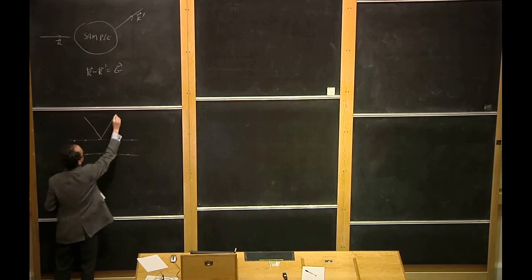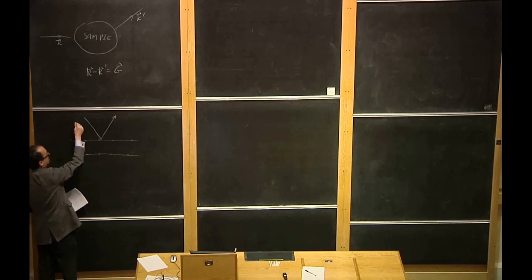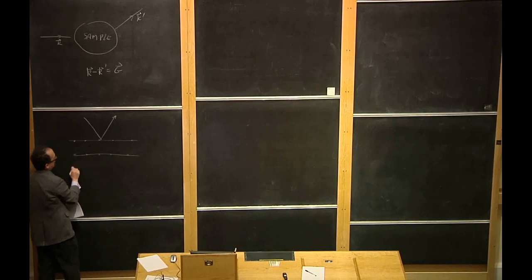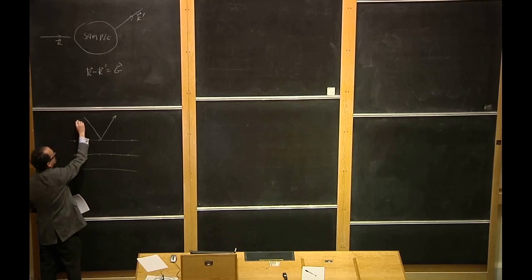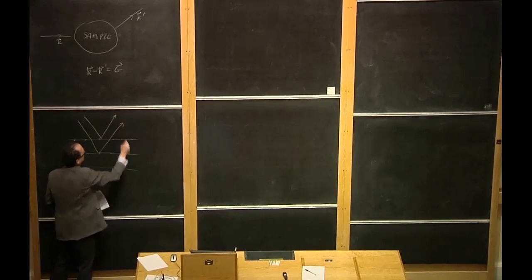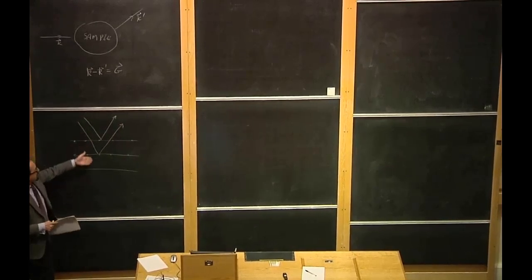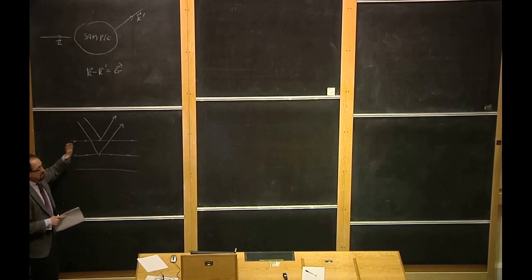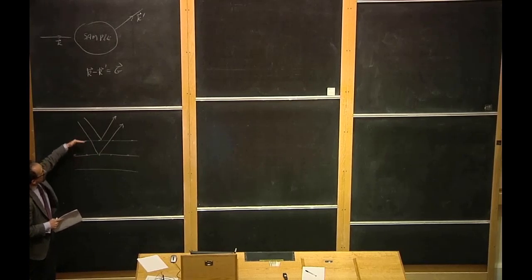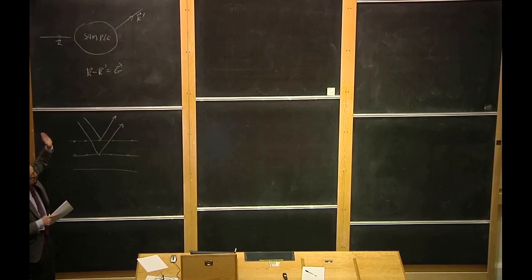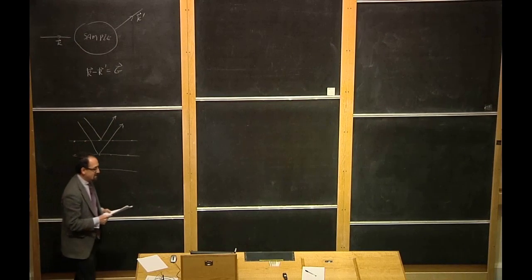If you have light or X-rays or neutrons coming into a family of parallel lattice planes, we understand how you can get diffraction at certain angles off of a parallel family of planes. And I'm going to claim that this condition here is actually equivalent to that.